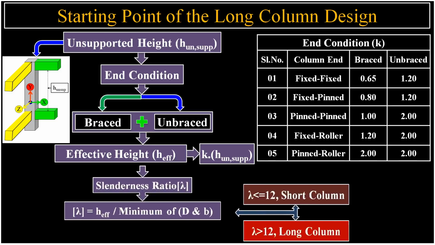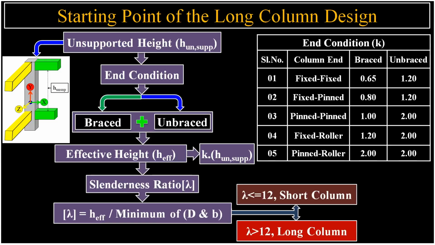Finally, we calculate the slenderness ratio of the column. This ratio, denoted by the Greek letter lambda, is found by dividing the effective height, HEFF, by the least lateral dimension of the column, that is, the minimum value between the depth and the width.